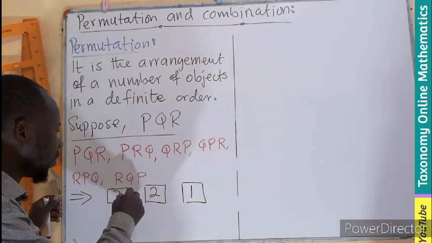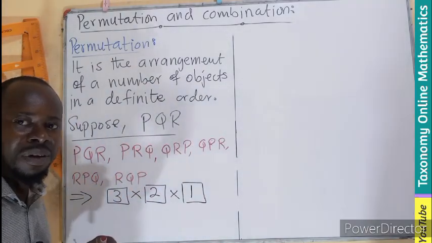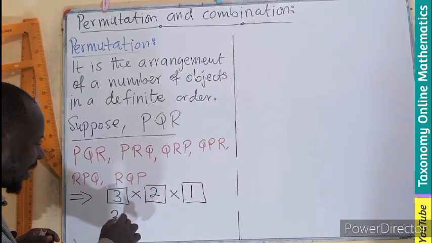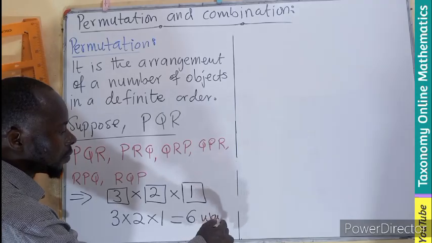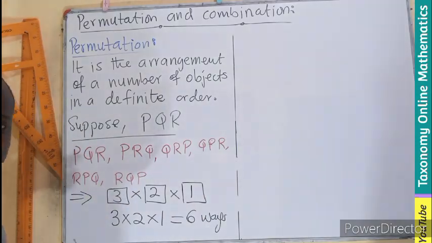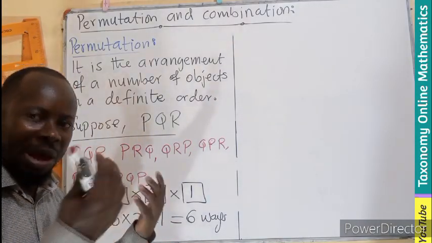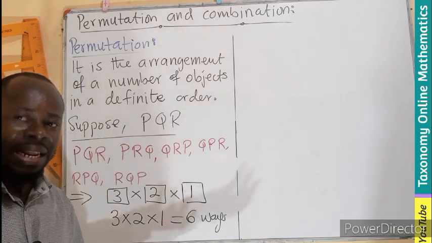So we can introduce the multiplication. That means 3 times 2 times 1, which also gives us 6 different ways of selecting 3 letters if all are going to be selected.